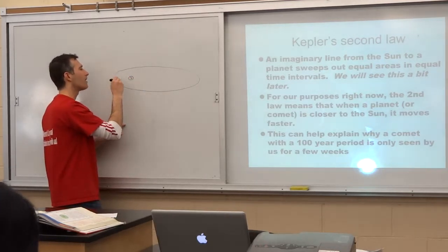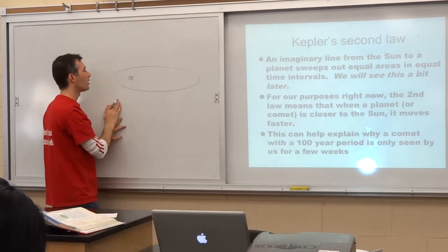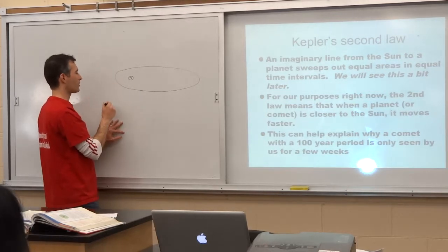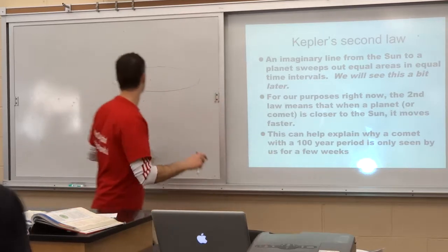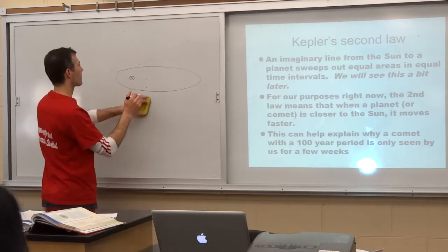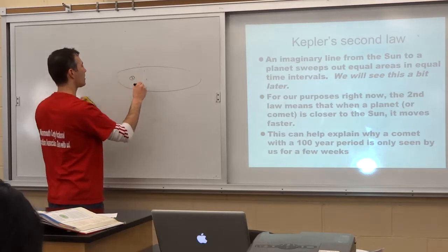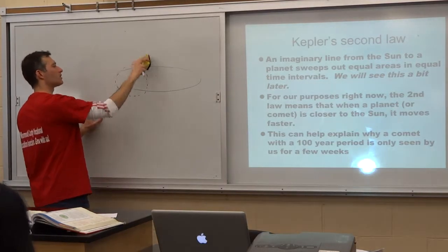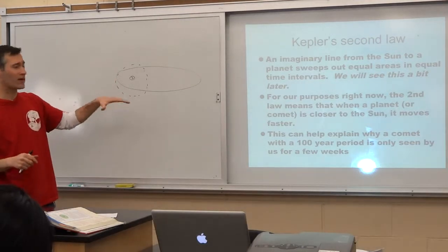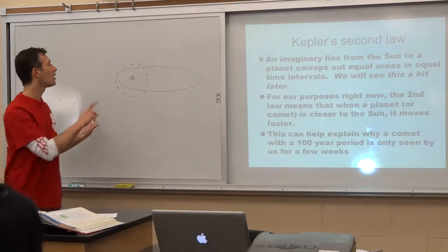The Earth would have a circular orbit. Something like that, the dashed line might roughly be the Earth. I might even be off by a factor of 10 or 20, but whatever, it doesn't matter.